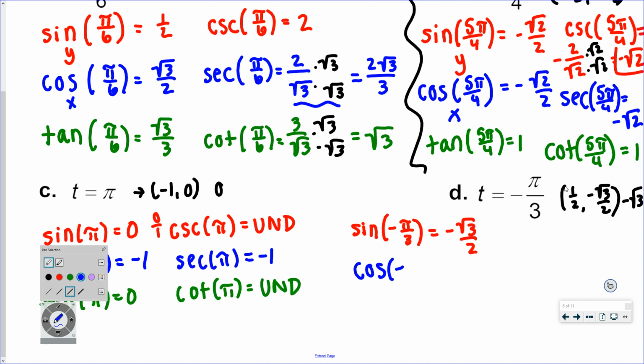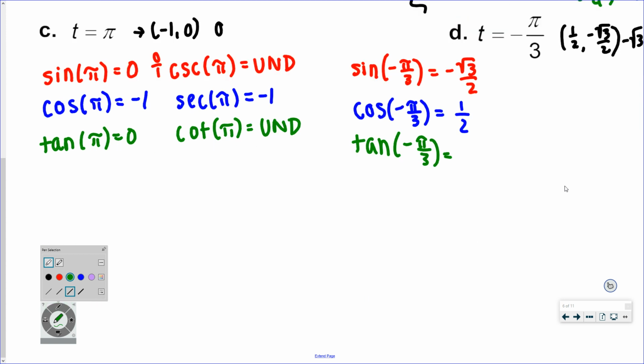Cosine of negative pi over 3, positive 1/2. Tangent of negative pi over 3, negative square root of 3.